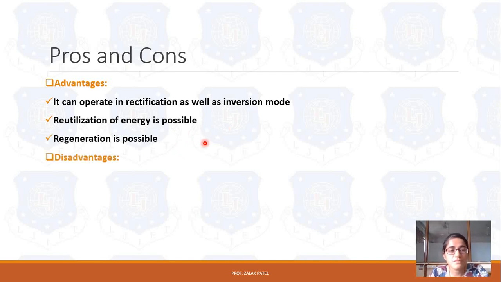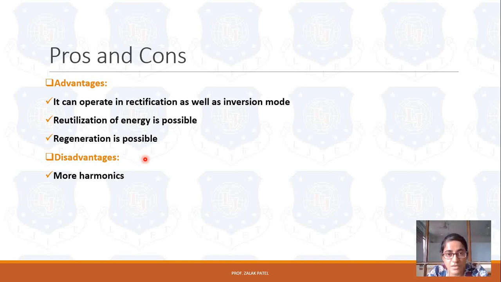There are also some limitations of the full converter. One is that more harmonics are generated. We see in the analysis of the full converter that the harmonic factor HF is equal to the difference of the fundamental component, divided by the original fundamental component.